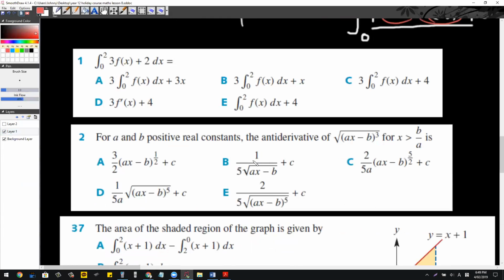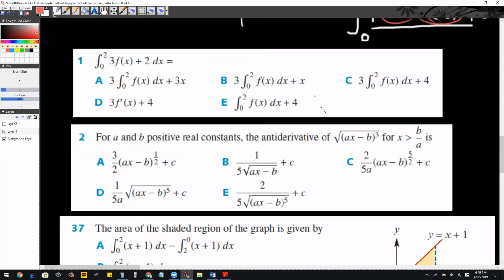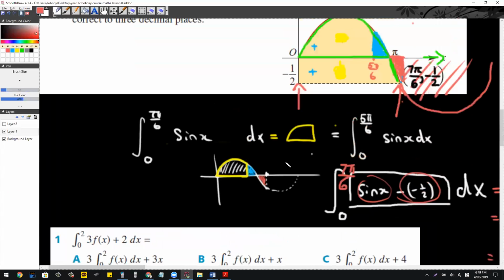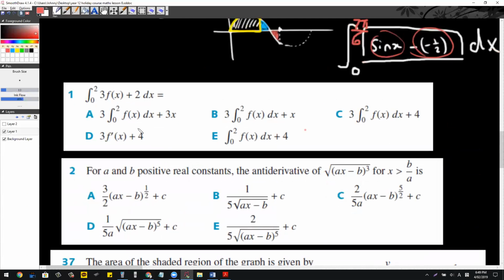Okay, so this is a multiple choice question. So try number 1, please. I think it's pretty simple. We already answered this one, so number 1.